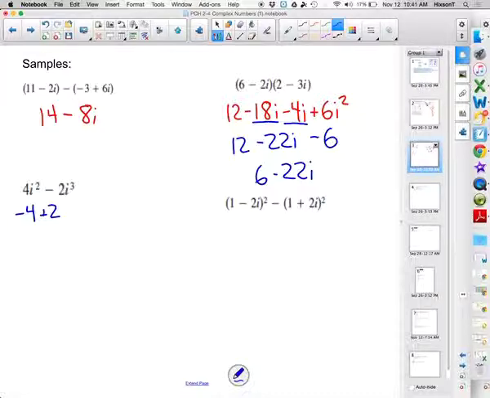Negative I. So plus 2i, and there's our solution. So you can simplify, but the same rules that apply for dealing with an x squared and an x cubed apply here when we're dealing with a y squared and a y cubed. You can't just add them together.